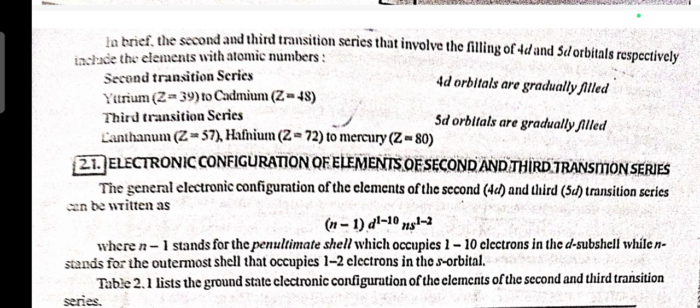In brief, the second and third transition series that involve filling of 4d and 5d orbitals include the elements with atomic number: second transition series, yttrium Z equals 39 to cadmium Z equals 48, 4d orbitals are gradually filled; third transition series, lanthanum Z equals 57, hafnium Z equals 72, to mercury Z equals 80, 5d orbitals are gradually filled.